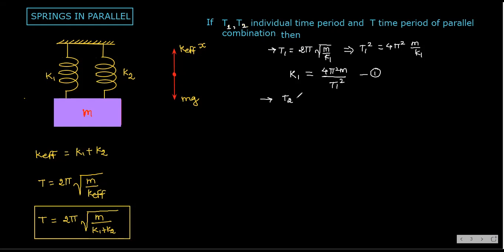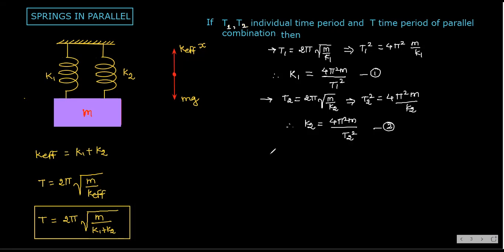Similarly, see T2 is equal to what? 2 pi under root m by K2. That implies T2 square is equal to 4 pi square m by K2, and therefore K2 is equal to 4 pi square m by T2 square. Call this equation number 2. Even you can substitute C also, constant, not an issue.